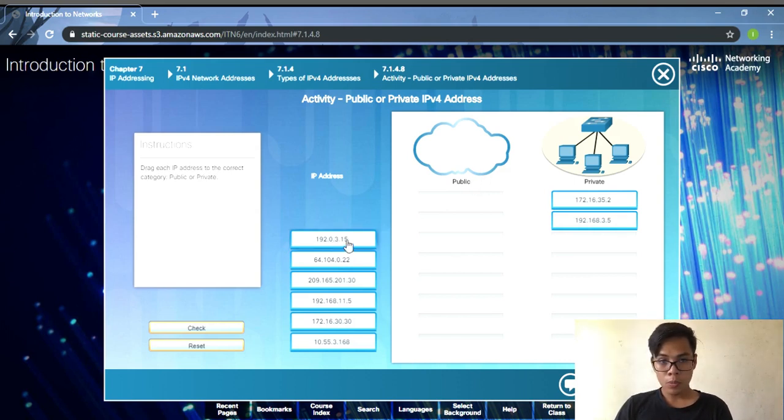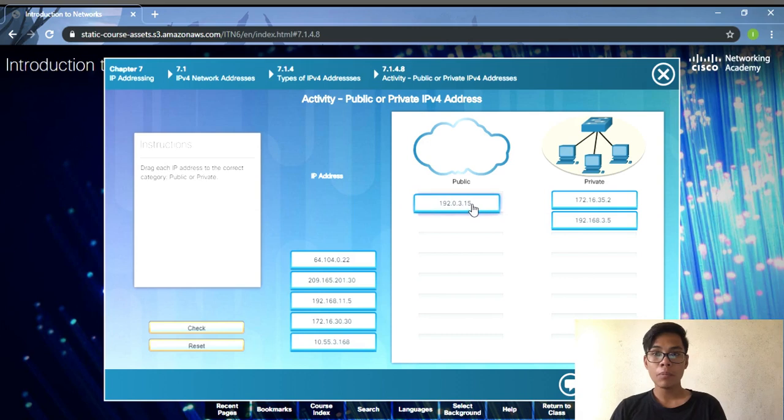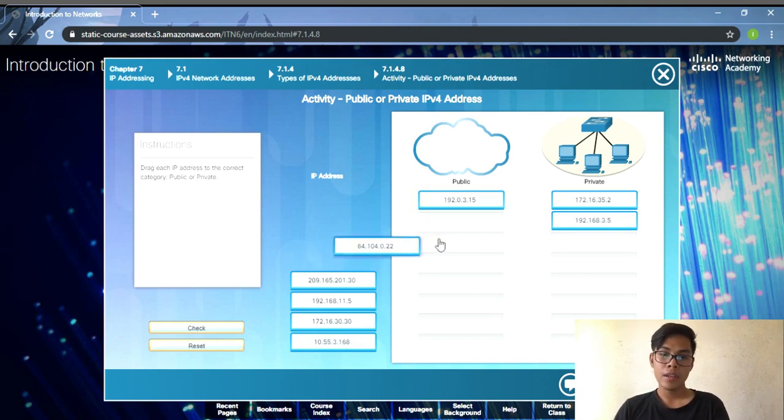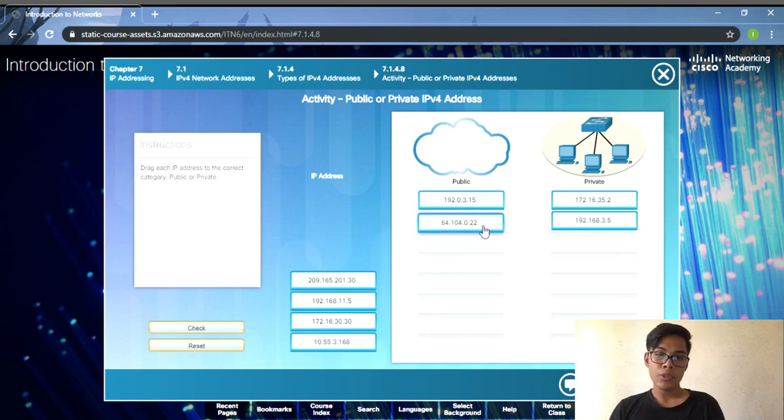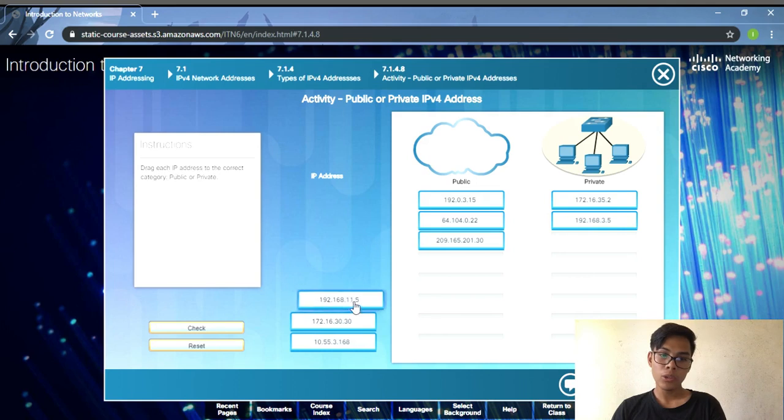So 192.0.3.15, it is public because it is not in the range of the private addresses. 64.104.0.22 is not in the range of the private addresses. 209.165.201.30 is public. 192.168.11.5 is another private IP address, and 172.16.30.30 is private.